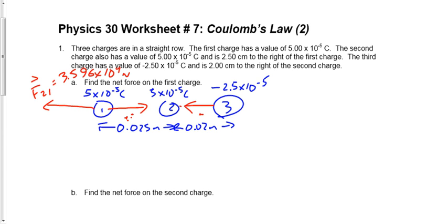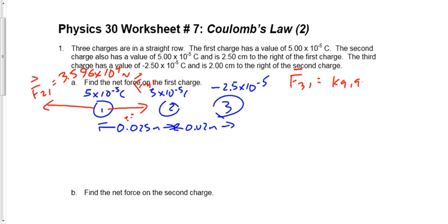The first one, yeah. We don't care at all about the second one because although it's a force that's legitimately acting on number 3, we're not trying to find the force on charge 3. That would be question C, right? Now, we don't know what the value of F31 is. We're going to have to calculate that one.